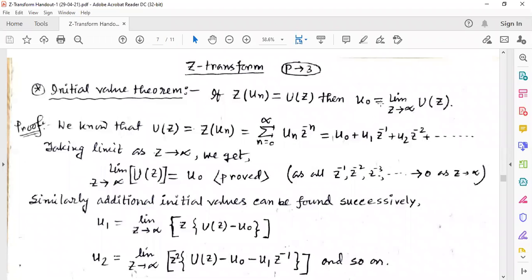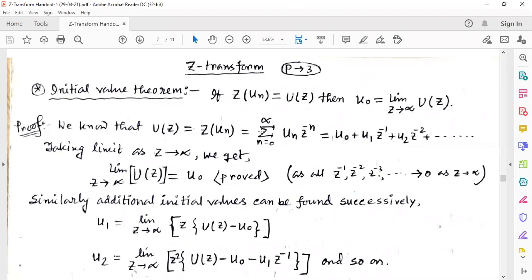As it is starting from 0, it is known as the initial value theorem. If the Z transformation of un is equal to capital U of z, then the value of u0 is equal to the limit z tends to infinity of U of z. So from here we can find out the proof also. We know that U of z equals the Z transformation of un.